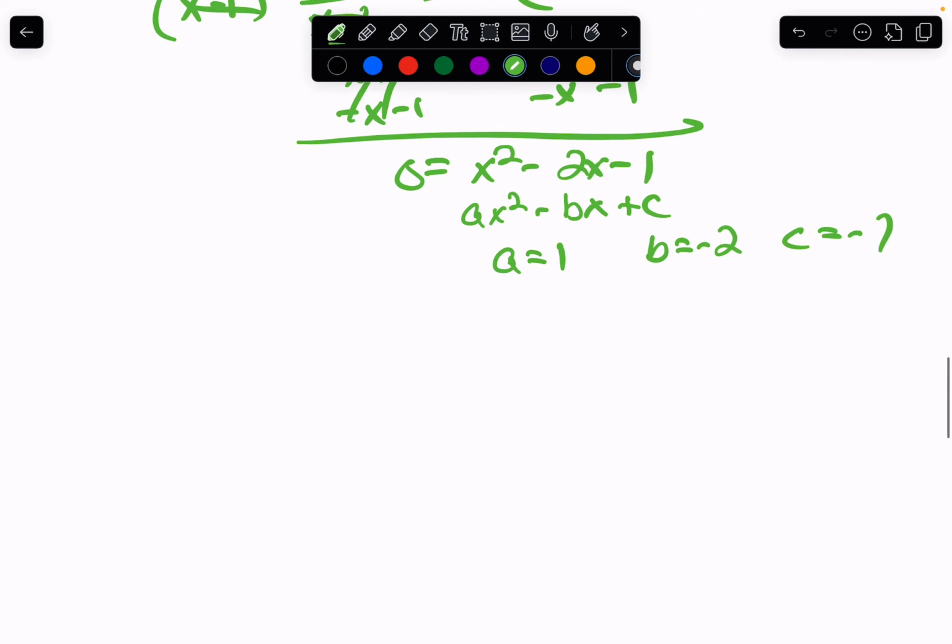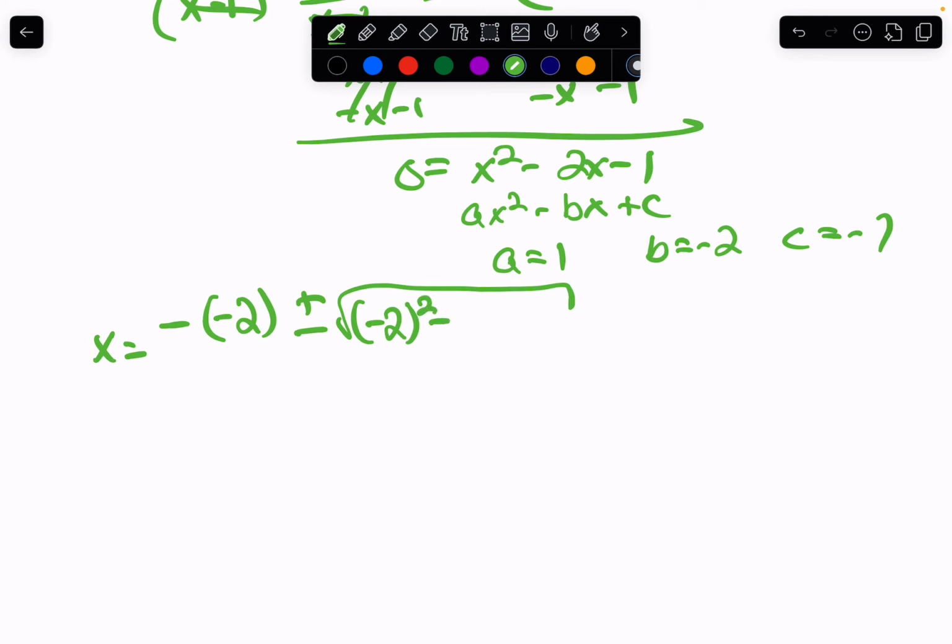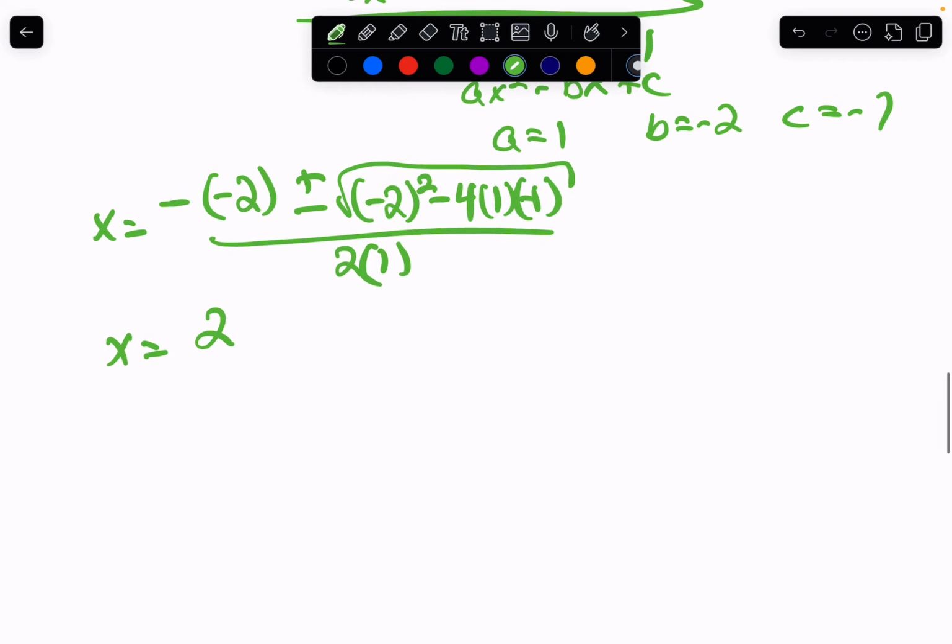So x equals negative b plus or minus the square root of b squared minus 4 times a times c, divided by 2 times a. Okay, the negatives cancel each other out, and we get 4 plus 4, which is 8.